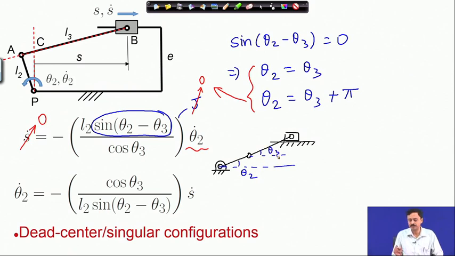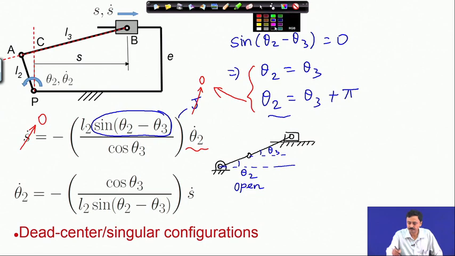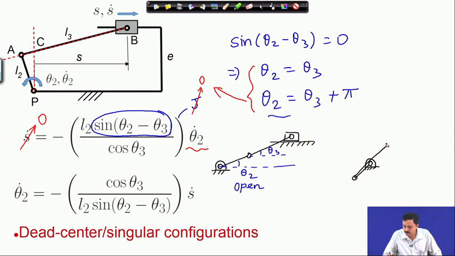As you can see, theta 2 is equal to theta 3. So, this is the open configuration. There is another configuration corresponding to the second solution here, where we have a situation like this.